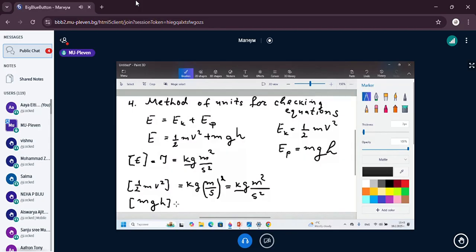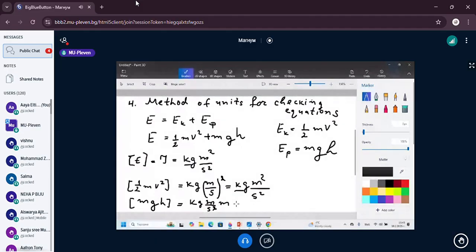Then the unit of the second term on the right-hand side, mgh. Mass is measured in kilograms. Acceleration of gravity, as any acceleration, is measured in meters per second squared. This is 2, not very well visible. And h is measured in meters.